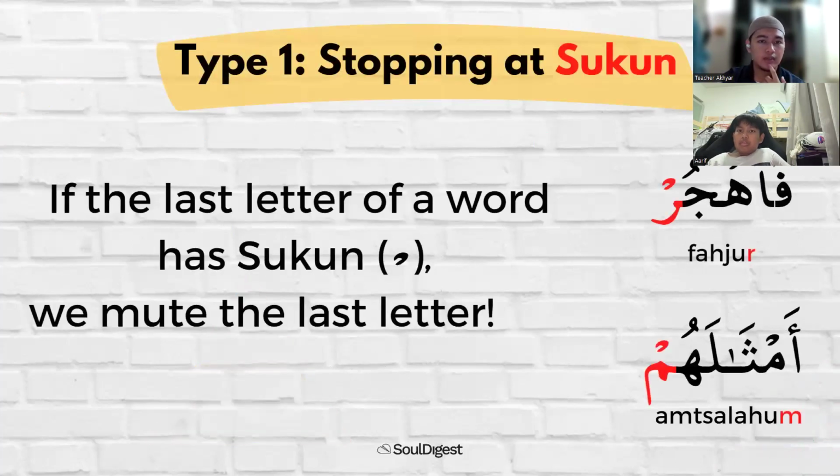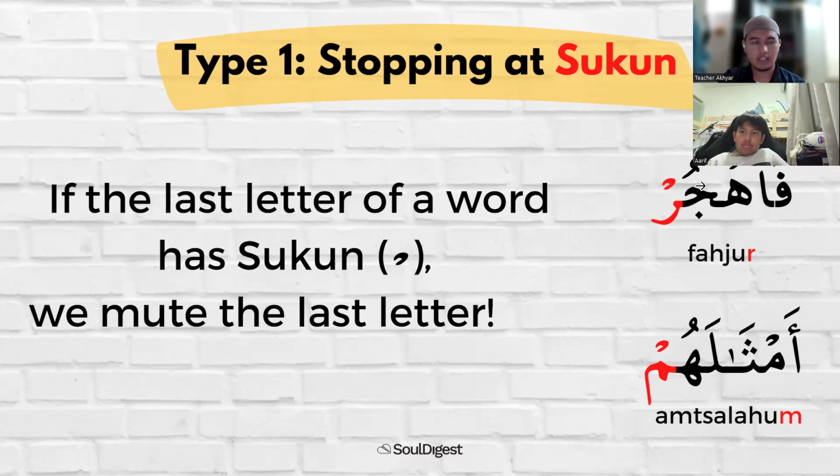So the first one is the one that we just did before, which is stopping at sukun. So if the last letter of a word has sukun, then we mute the last letter. So always remember this symbol, the C symbol. So this is sukun.